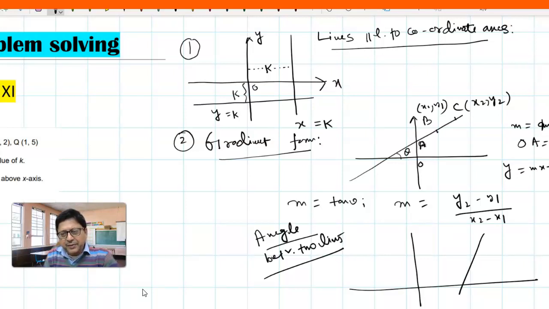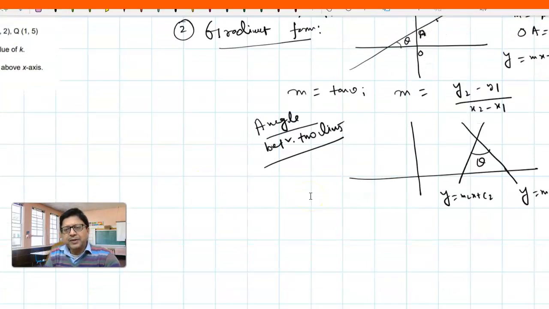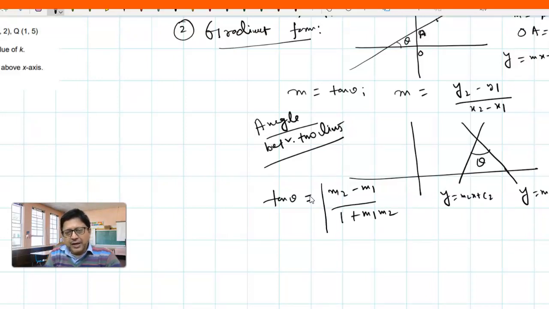So I just remind you, if two lines have equations y equal to m1x plus c1 and y equal to m2x plus c2, and this angle be theta, then the angle between these two lines, tan theta, its tangent is given by m2 minus m1 by 1 plus m1 m2. I told you to write mod sign over there because which one is greater you don't know.